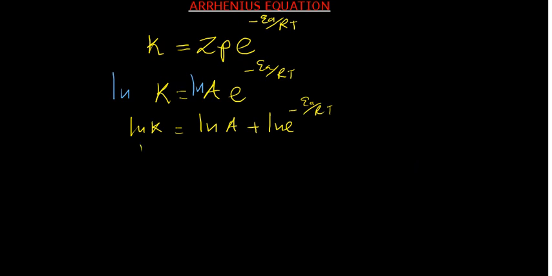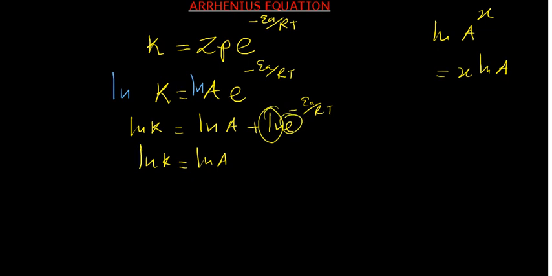So at this point, what we're going to have is ln k being equal to ln A. At the same time, ln of A to the power x can also be written as x ln A. So for ln of e to the power this, we can drop the power, it comes down, and that is going to be negative activation energy divided by RT, and then ln e.